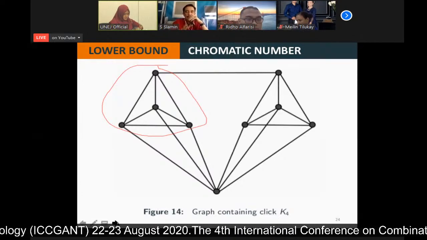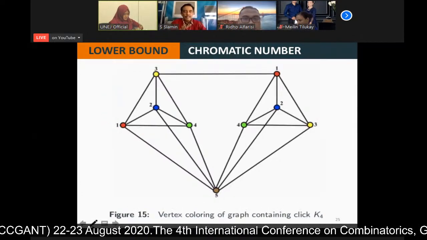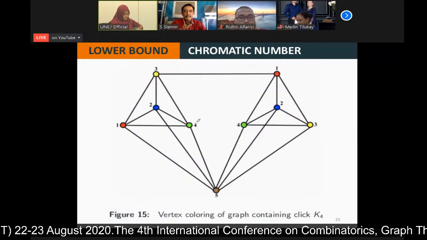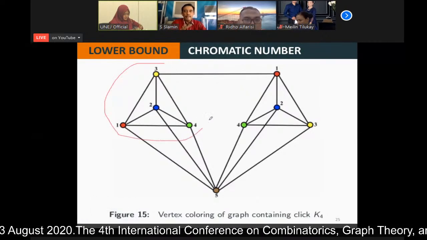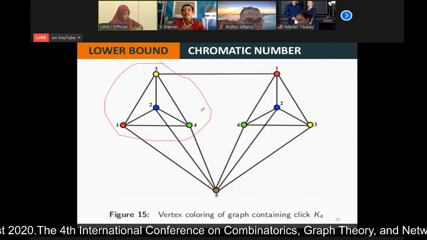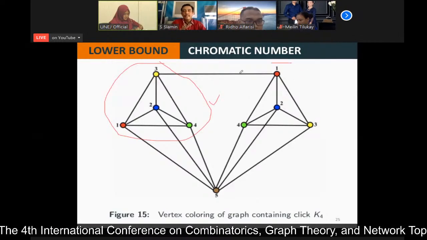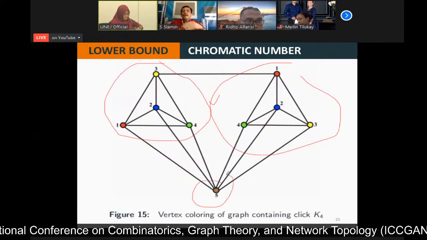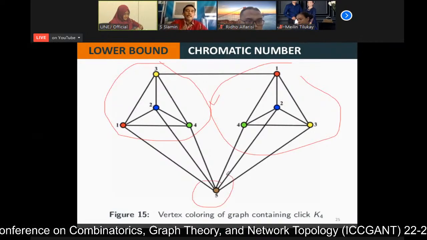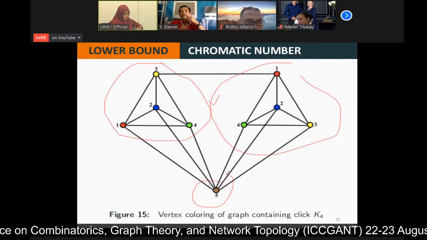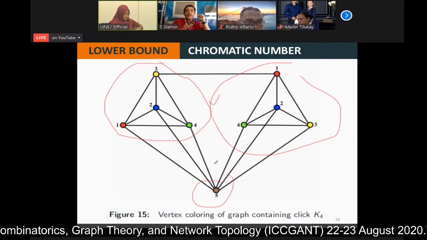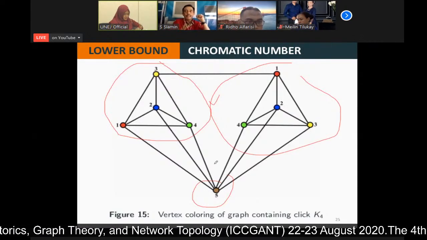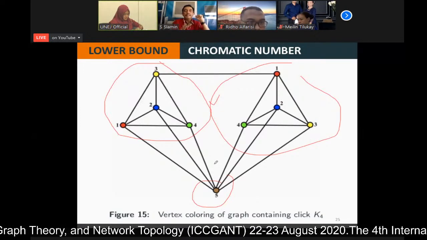In fact, here we have 4 colors, here is also 4 colors, but for this one, we cannot use the same color as one of the vertices in the K4. So the chromatic number of this graph is 5.